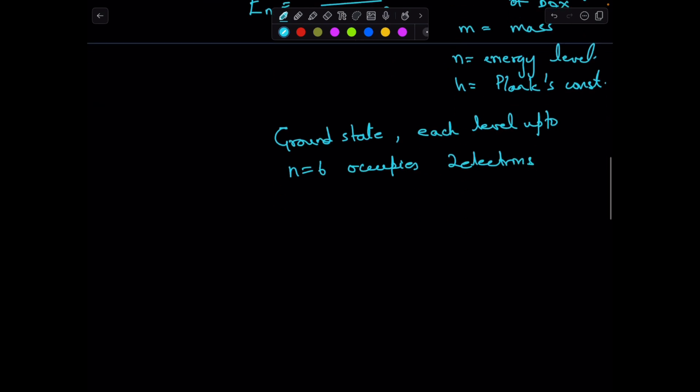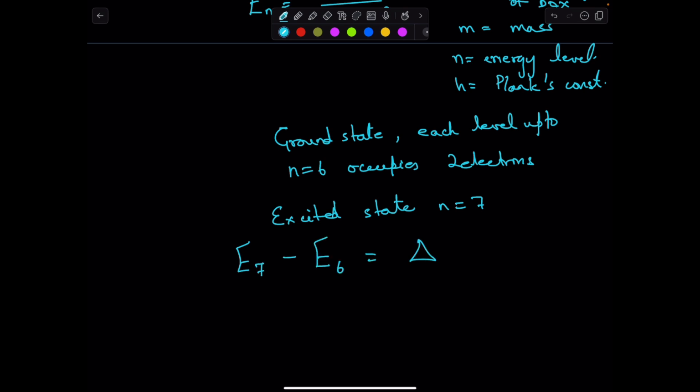The highest occupied level is n equals 6 in the ground state. In the excited state, n equals 7. So we have to find the difference in energy between the n equals 7 state and the n equals 6 state.